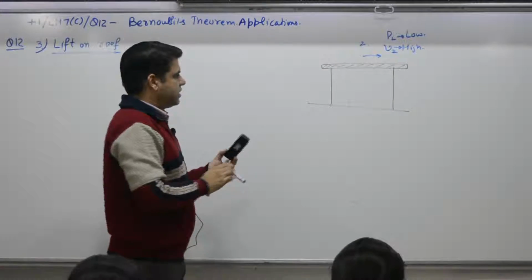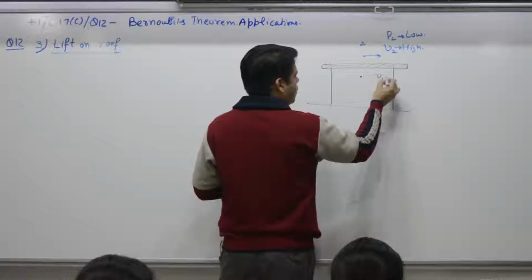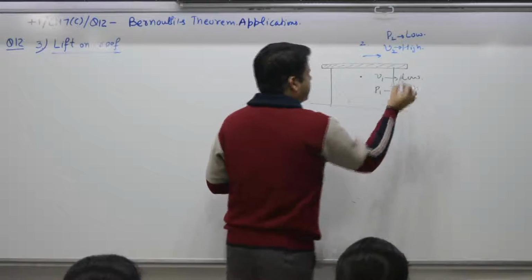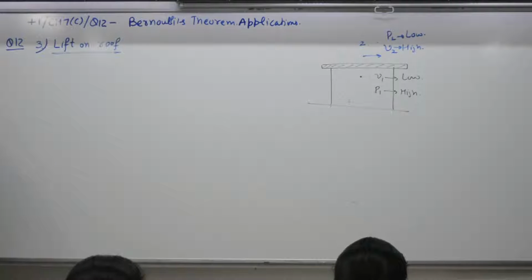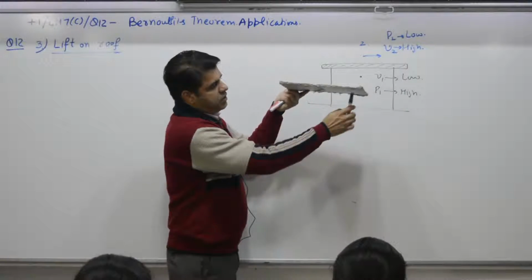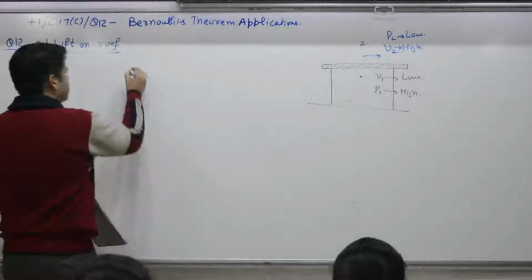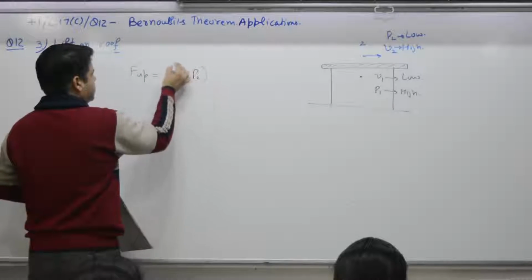What about inside? Inside is normal condition, speed is very low, and pressure is high. It will result in what? Yes, it will result in upward force. This is the roof supported by pillars or walls on the sides. Net pressure is upward. So upward force is equal to what? P1 minus P2 into A.